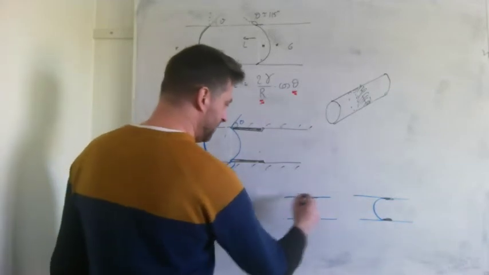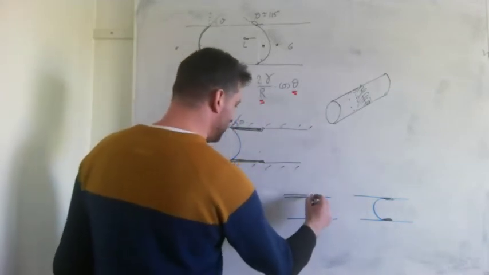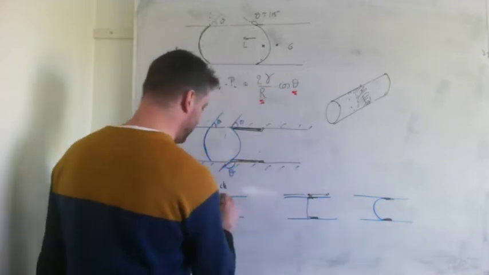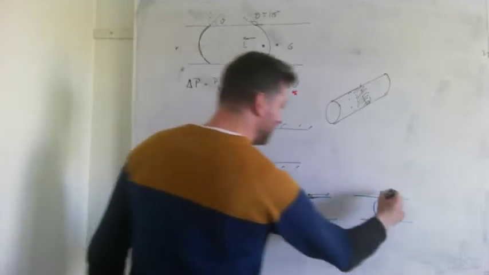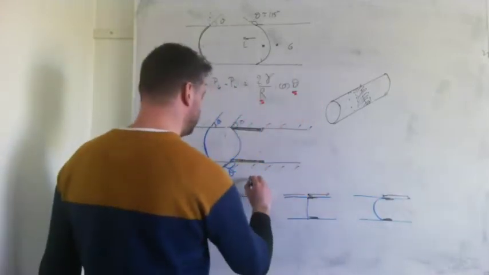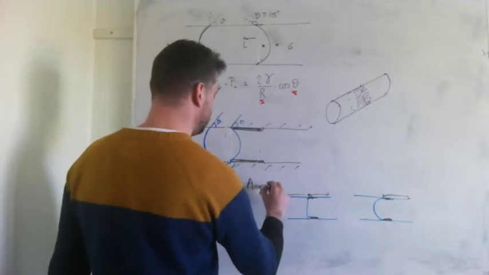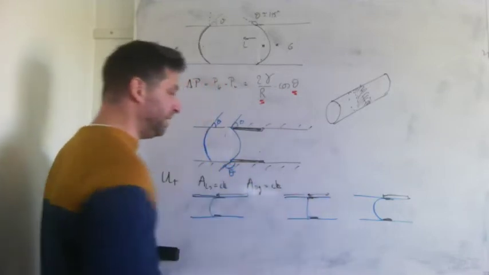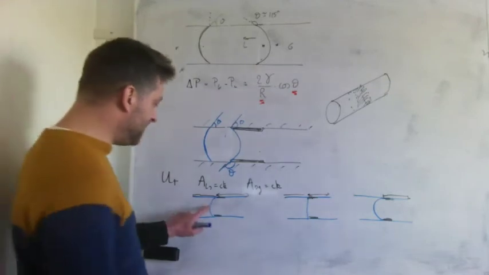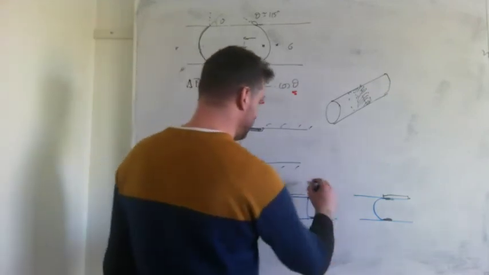It doesn't change for the three. I see that the dry surface, which is this area here and this area here, the solid-gas surface, is constant for all three. The only difference I have is in the liquid-gas interface.